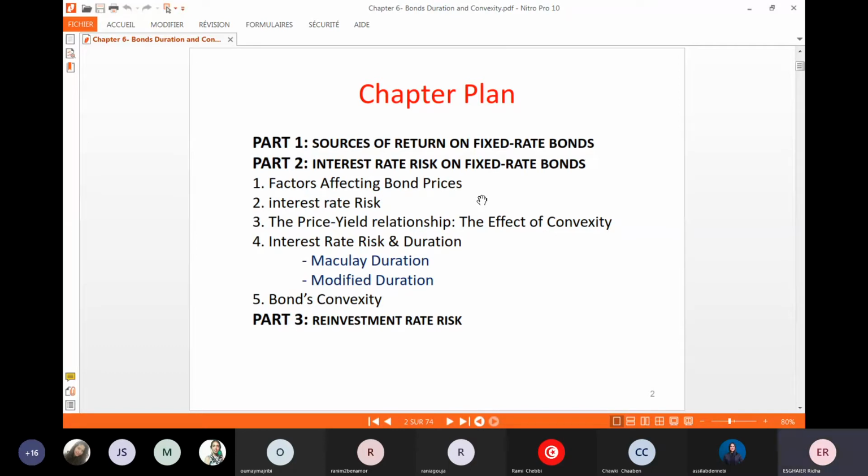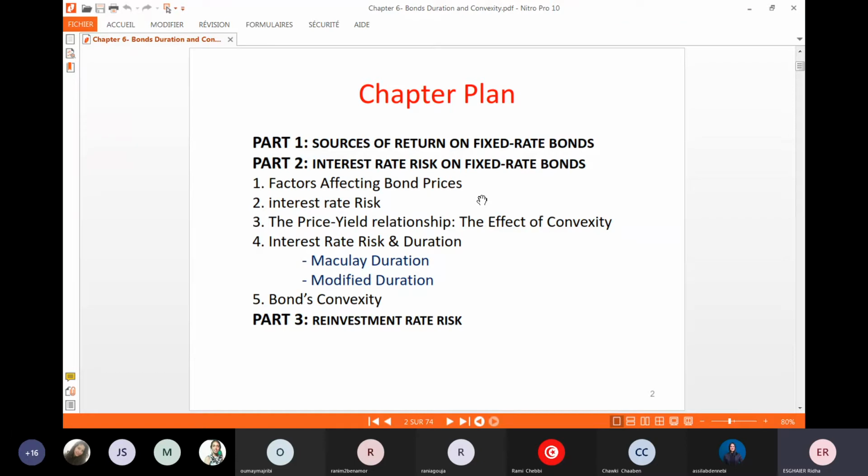Then we will move to the interest rate risk, which is simply the risk that the market interest rates, the required rate of return on the bond, which is also the reinvestment rate that an investor could use to reinvest any cash flow he will receive from the bond, like the coupon, vary. And what is the impact of this variation of the market interest rate, of the yield to maturity, on the value of the bond?